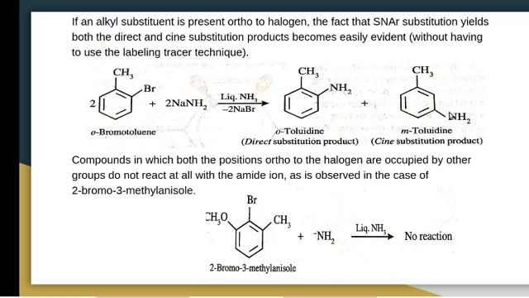But in this case, the amino group is not attached to the carbon where the halogen was already attached. The NH2 group is attached on the adjacent carbon atom to that of the halogen-attached carbon.